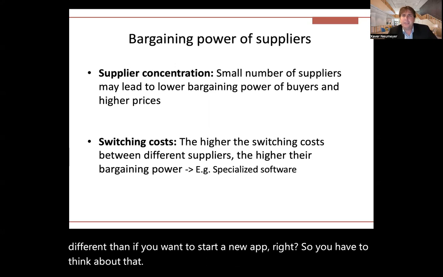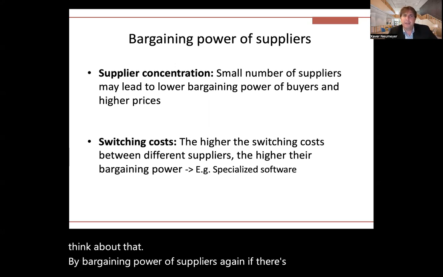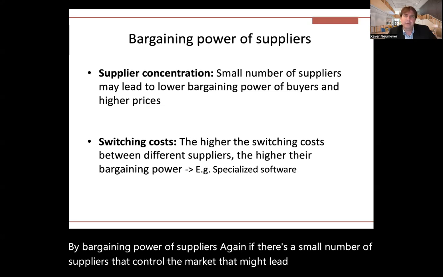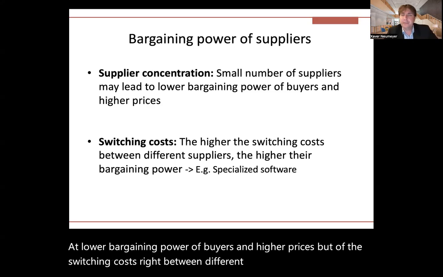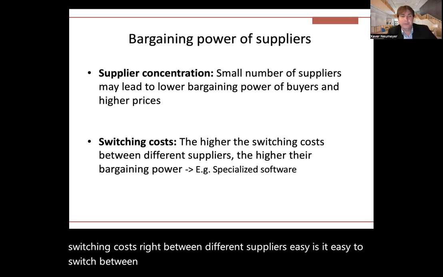Bargaining power of suppliers, again, if there's a small number of suppliers that control the market, that might lead to a lot lower bargaining power of buyers and higher prices. What are the switching costs, right, between different suppliers? Is it easy to switch between them? One tricky example is specialized software, right?